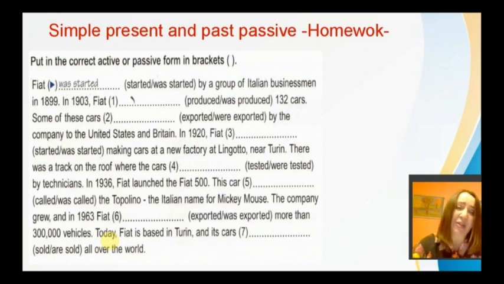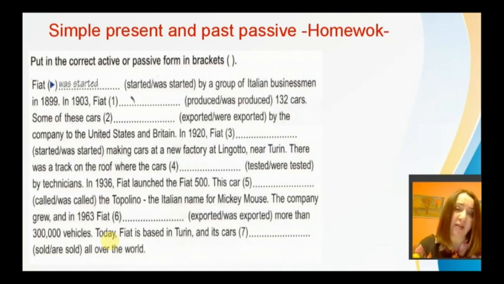Okay, your task is to put in the correct active or passive form in brackets to choose one solution. For example, Fiat was started by a group of Italian businessmen in 1899. You can copy it down or you can take a photo.